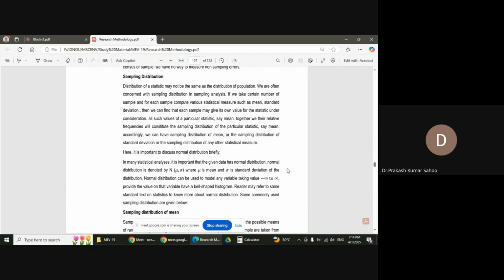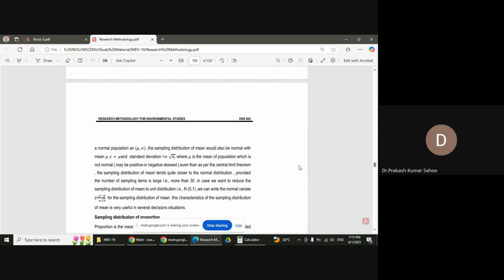All such values of a particular statistic form a distribution. We can have the sample distribution of the mean, or the sample distribution of standard deviation, or the sample distribution of any other statistical measure.